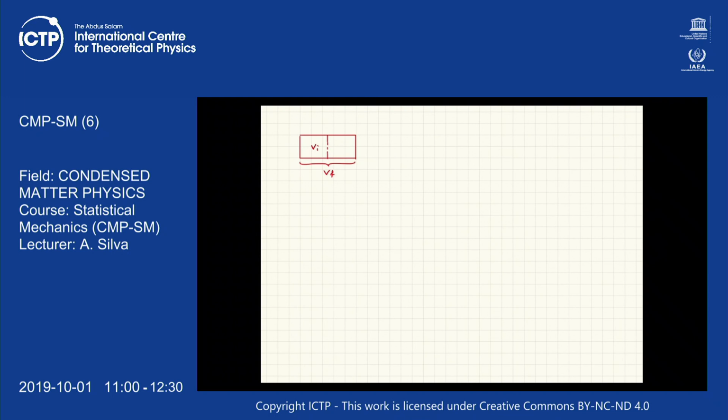Okay? So we just compute delta S as the integral from V initial to V final of dS along an isotherm. So if you want, the integral from V initial to V final of dV (dS/dV) at constant temperature.